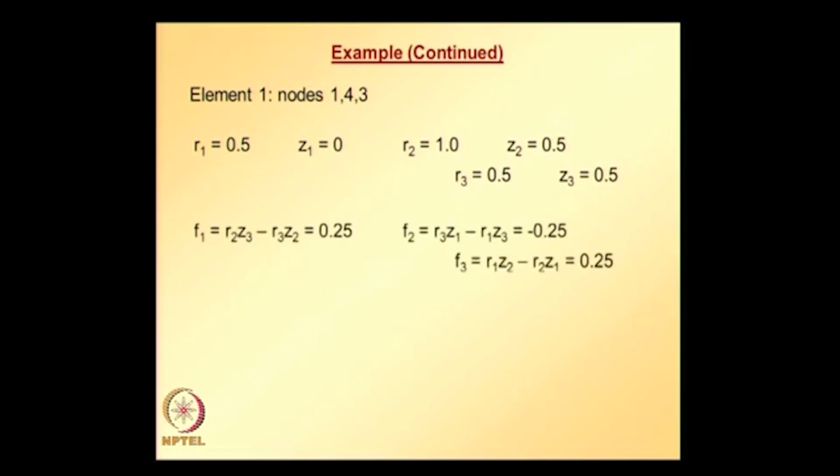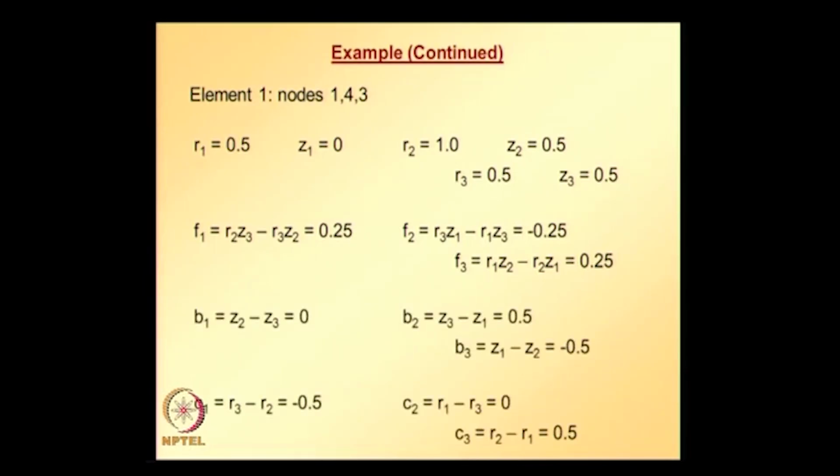So, element 1 comprises nodes 1, 4, 3, and the corresponding geometric coordinates are noted, and all the coefficients are calculated. Once we have this information, one more thing that we require is the area of element 1, which can also be obtained from the nodal coordinate information.